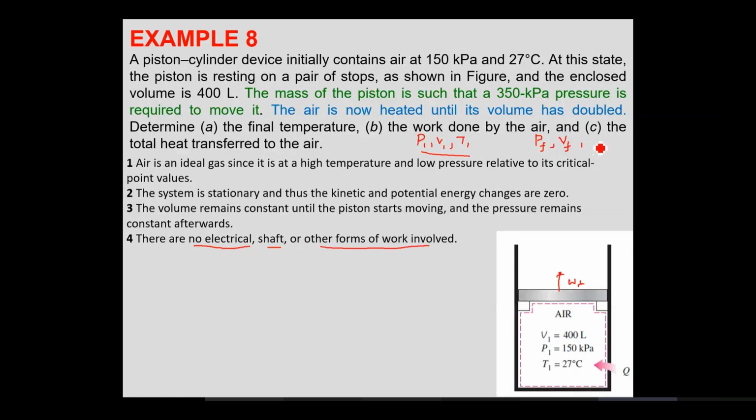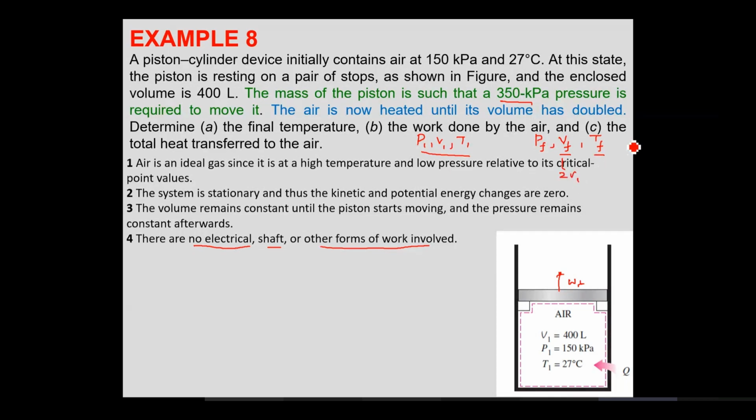The final pressure is essentially 350 kilopascal, the constant pressure at which your piston moves. This is an assumption, since there is no other information given. The final volume is essentially twice the initial volume.